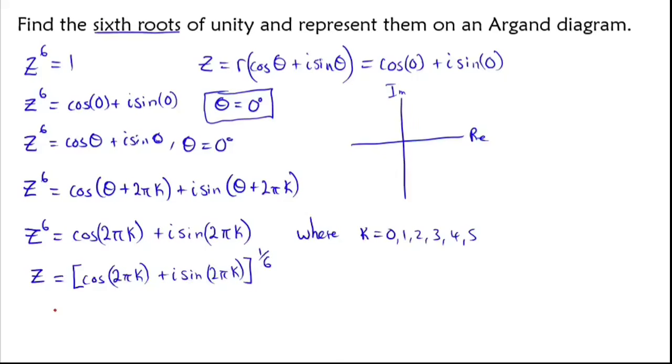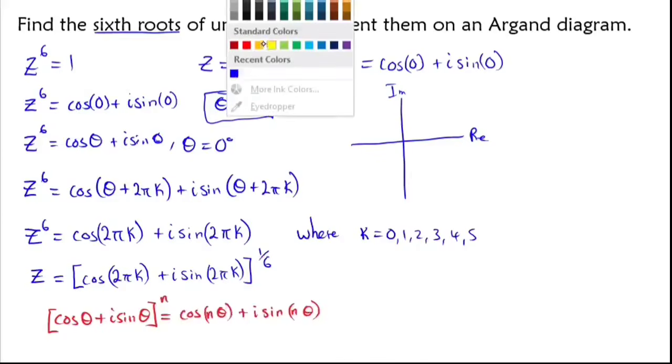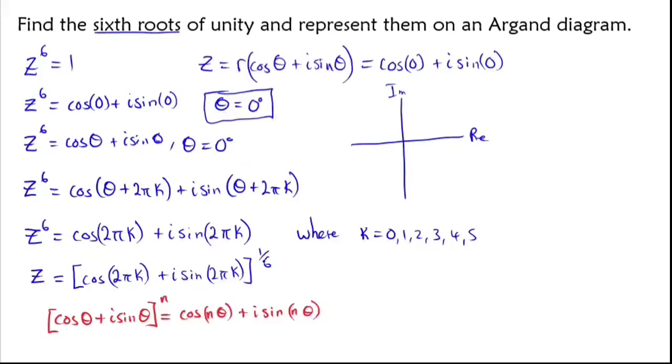The theorem states that if I have cos theta plus i sine theta, raised to the power n, then this is equal to cos n theta plus i sine n theta. Now, the n that we have in this case is 1 over 6, so that 1 over 6 must multiply with the angle.